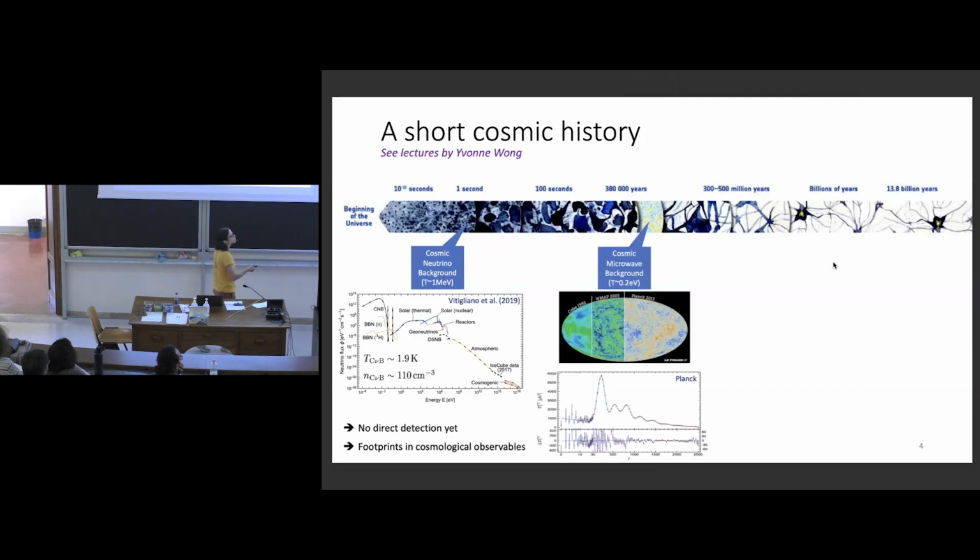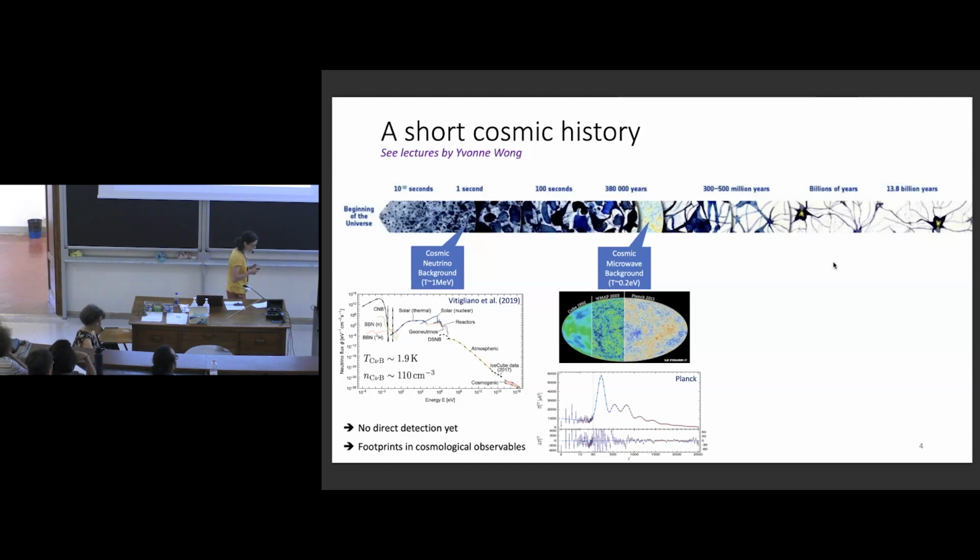First of all, in the cosmic microwave background, which was produced about 300,000 years after the Big Bang, when the temperature of the universe was much cooler, about 0.2, 0.3 electron volt. And contrary to the cosmic neutrino background, we have indeed directly detected the photons of the cosmic microwave background.